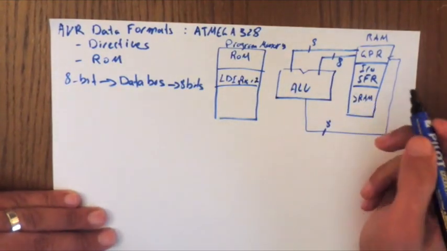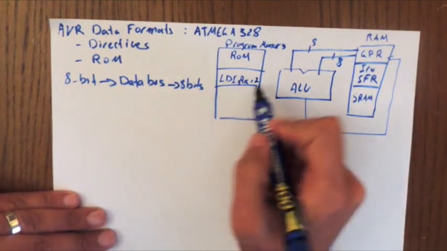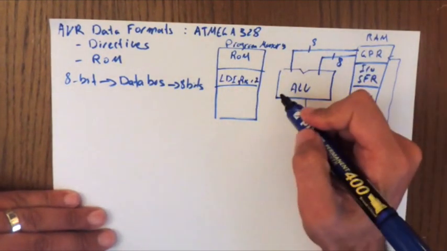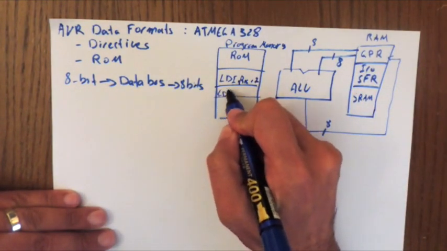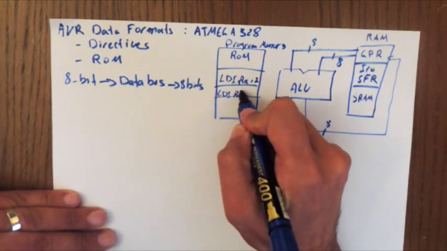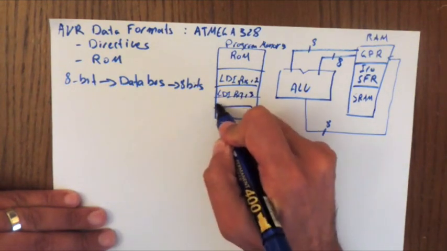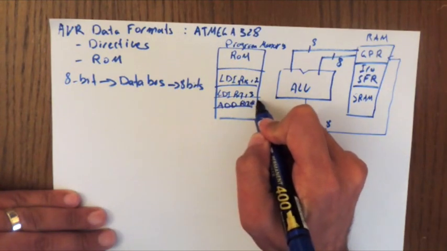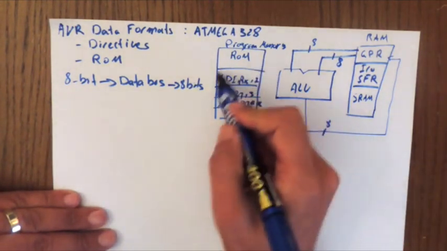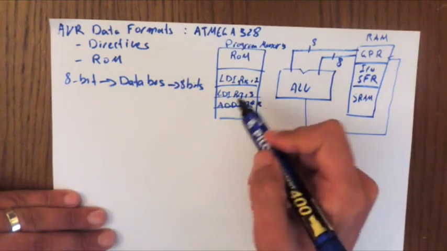So place 2 in R16. The instruction comes and processing happens. If I have another LDI, it's going to be like this, 3, and ADD R17, R16. So effectively this is where we place our instructions in the ROM.